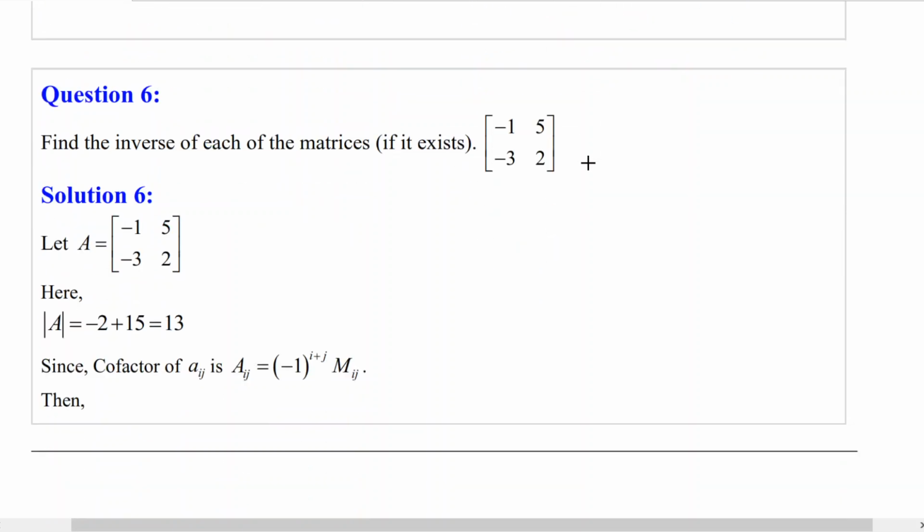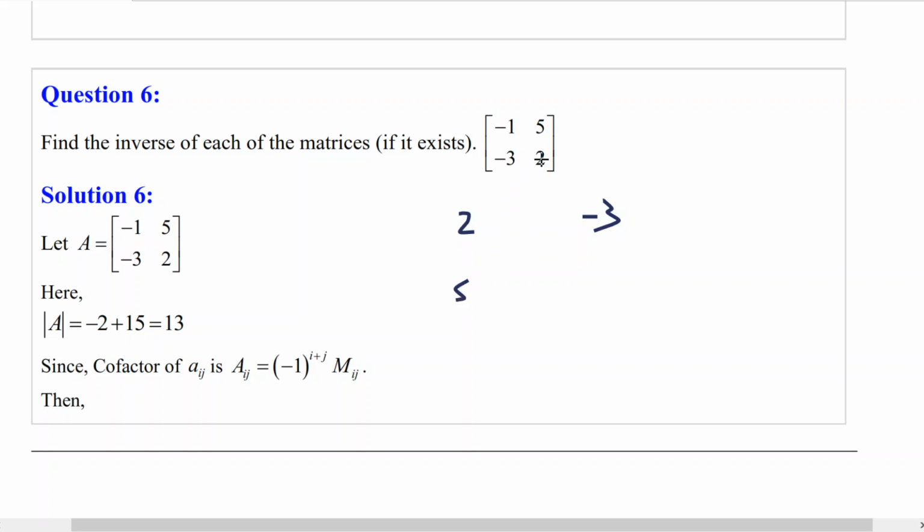How to find adjoint A? First of all, find minors. By hiding this minus 1, column and row, minor 1, 1 is 2. Then hiding this element, row and column, minor is minus 3. And I am writing in same order as usual. Then hiding this minus 3, I'll get minor 2, 1, which is 5.